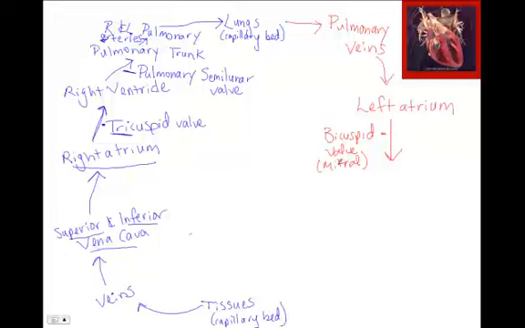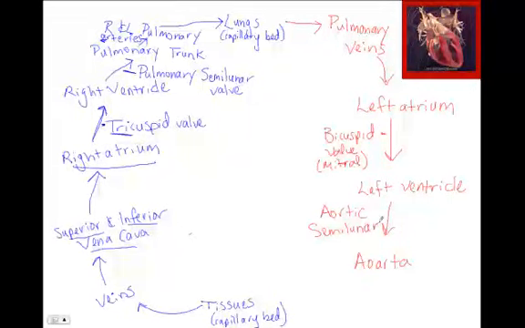And it's going to pump that blood into the left ventricle. The left ventricle will give a nice big pump and pump that blood into the aorta through the aortic semilunar valve.